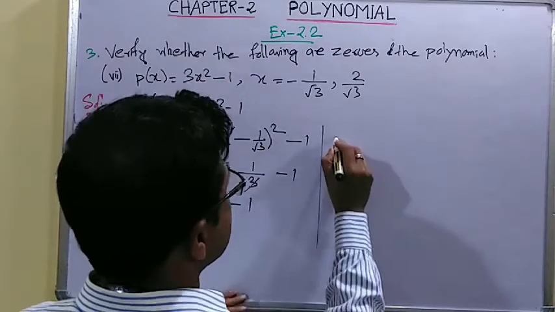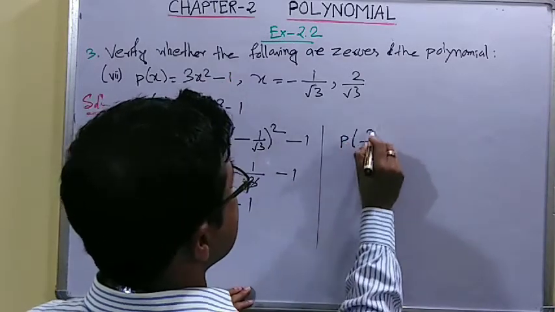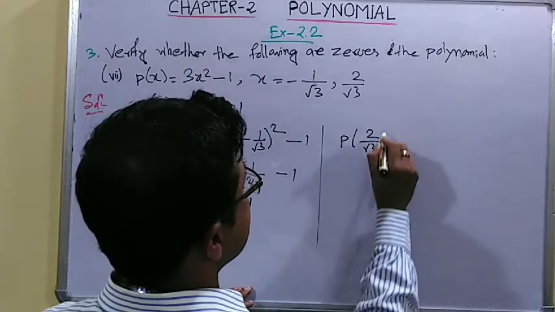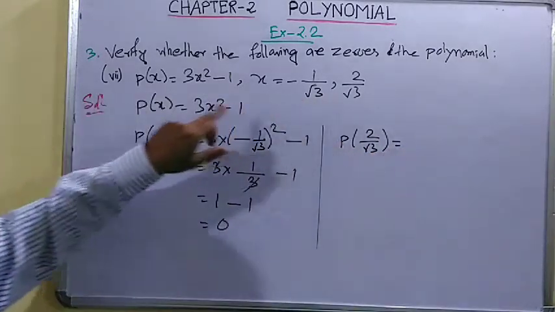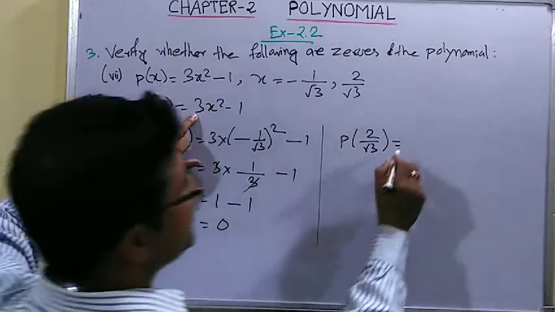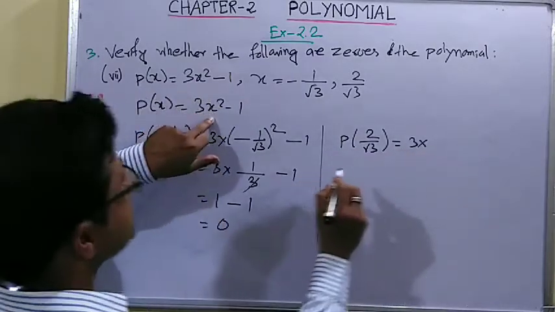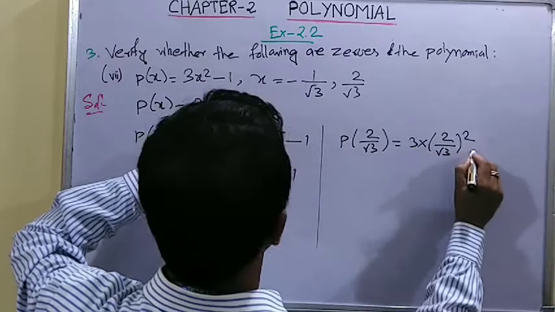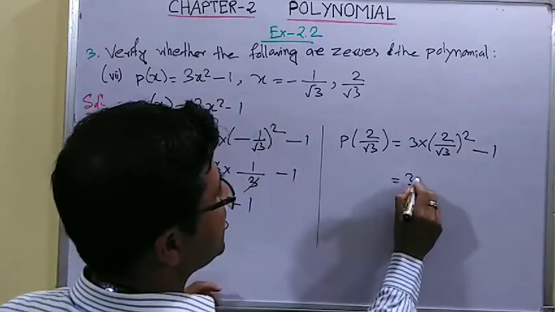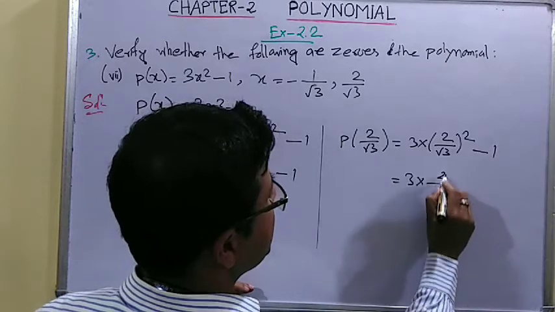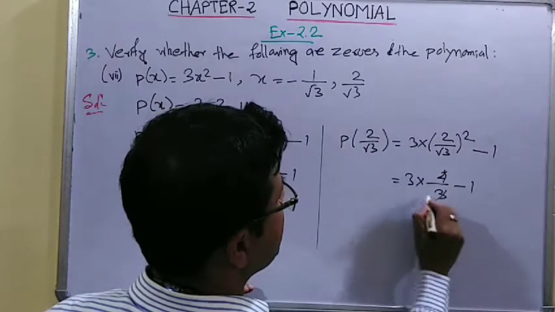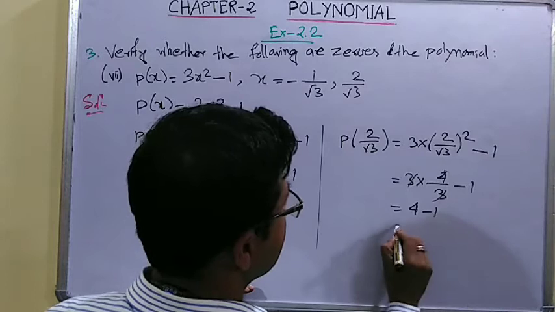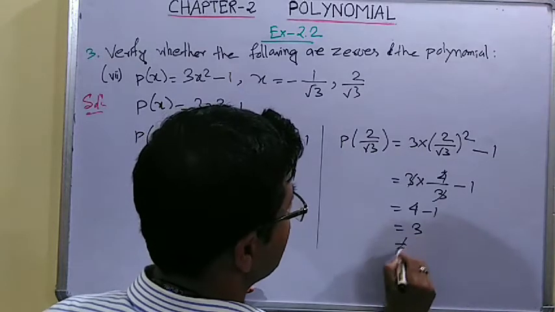Now the next one. P of 2 by root 3. Let us put in this polynomial 3 into, in place of x, 2 by root 3 square minus 1. So 3 into this is 4 by 3 minus 1, 3 cancels, 4 minus 1 equals 3, which is not 0.